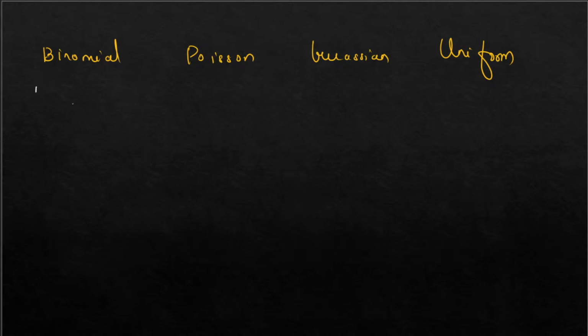So the first, this is discrete. This is discrete. This is continuous.